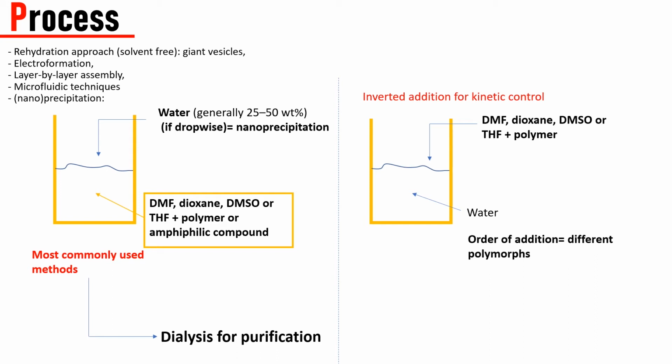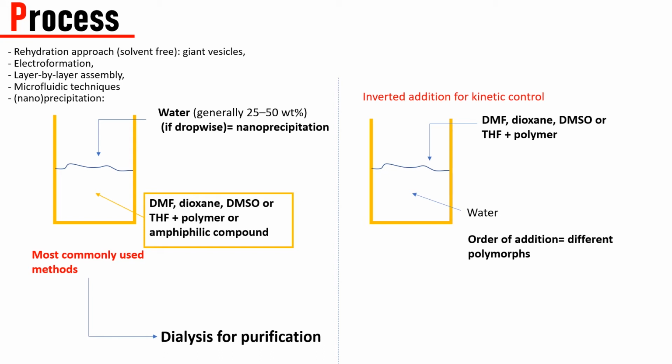In the precipitation process, we take a beaker and we fill the beaker with an organic solvent such as DMF, dioxane, DMSO, or THF, and we add the amphiphilic compound. Then we add dropwise or directly water, 25 to 50% content.